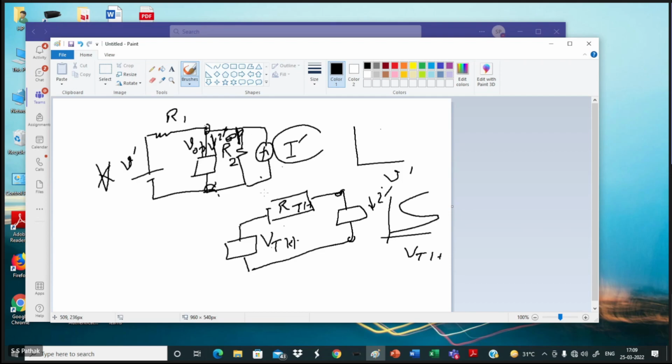You can be asked to plot again this V dash, okay, when I is affecting your calculation, but you're plotting this I with respect to V dash. So you'll be having a characteristic curve like that. So it can be VTH, it can be, I can say, I composite.